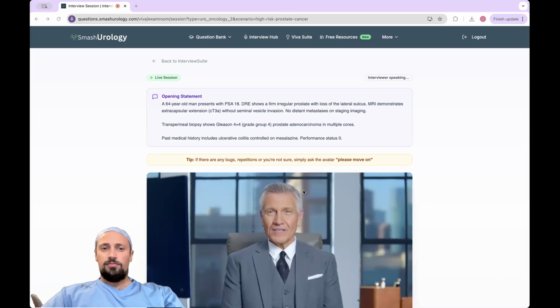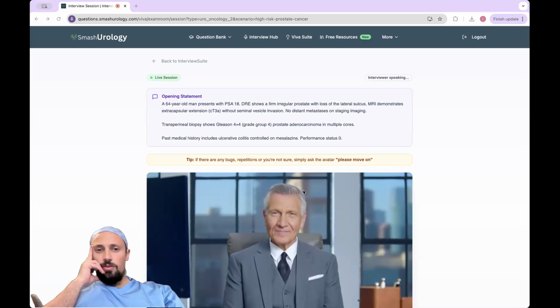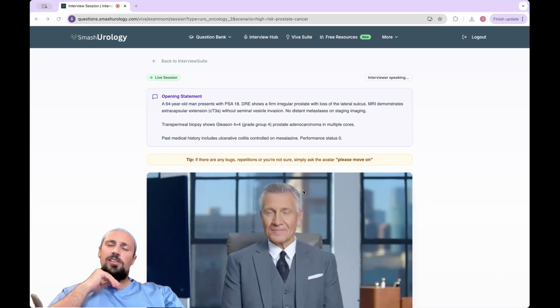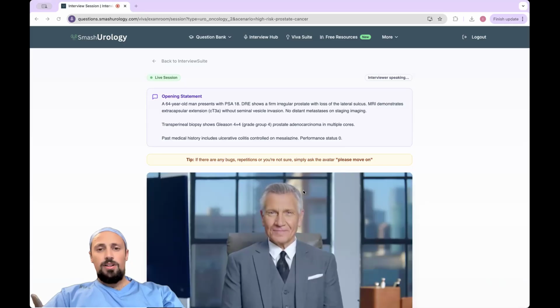What curative intent treatment options are appropriate, and how does ulcerative colitis affect the discussion? So it would normally be discussed between radical prostatectomy in high-risk disease or radical radiotherapy. Ulcerative colitis obviously affects this because it reduces the feasibility and increases the toxicity risk from pelvic radiotherapy.